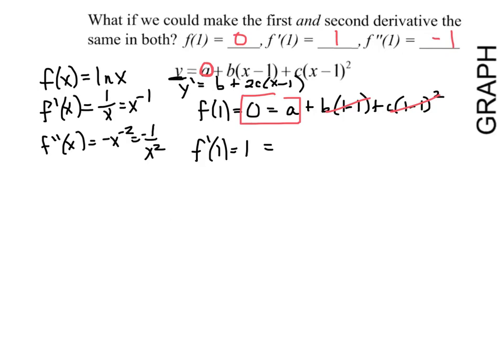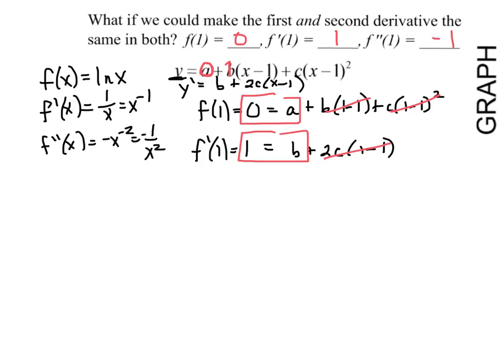Okay, so if I plug 1 into the derivative, I get b plus 2c times 1 minus 1. This is gone, so that means that b must be 1. Now I want you to notice right now that what I've just found, if I put 1 right here, is the tangent line. That was the tangent line I found in the previous slide.